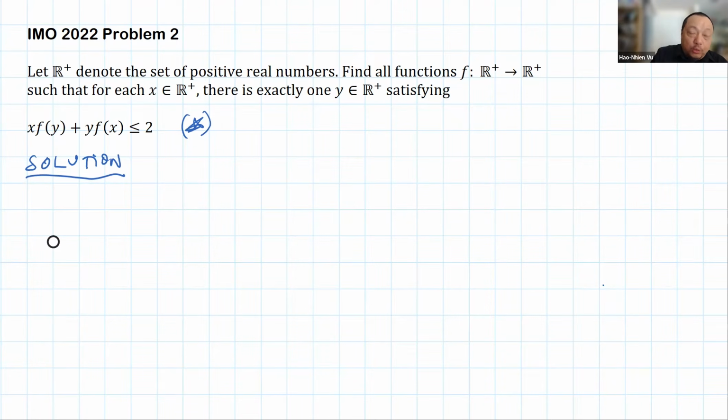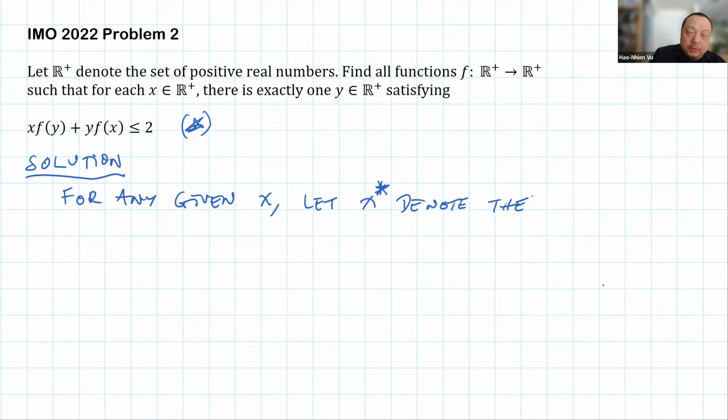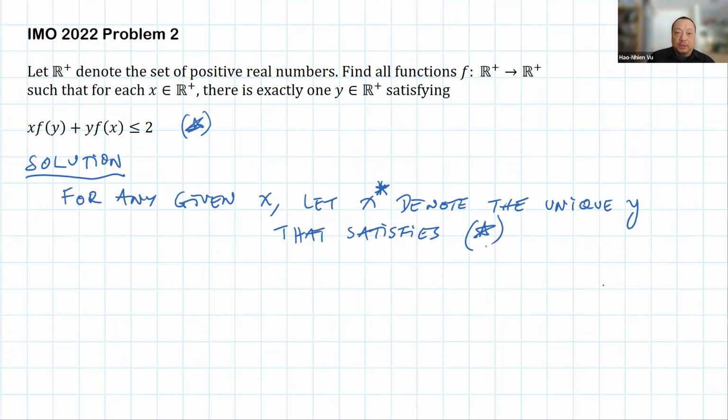My claim 1 is that y is equal to x. So let's do some definition first. Let x star denote the y that's in this problem, the unique y that satisfies the star inequality.